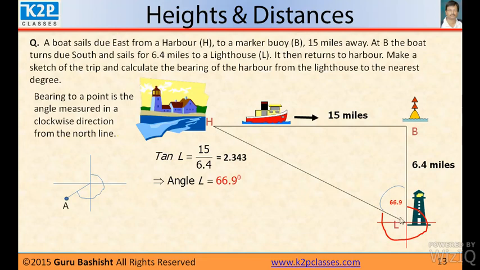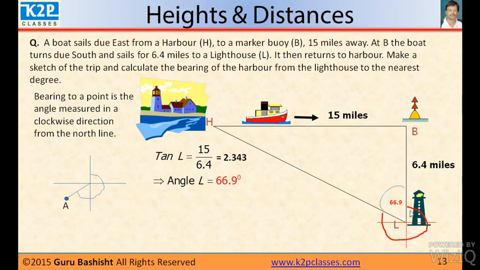So if you see this one, the red angle, that is bearing of H with respect to L. So we know that if you go around, complete one circle, it will be 360 degree.